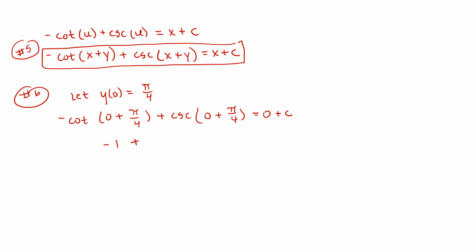Cosecant of pi over 4 is the square root of 2, and 0 plus c equals c. So c equals the square root of 2 minus 1.